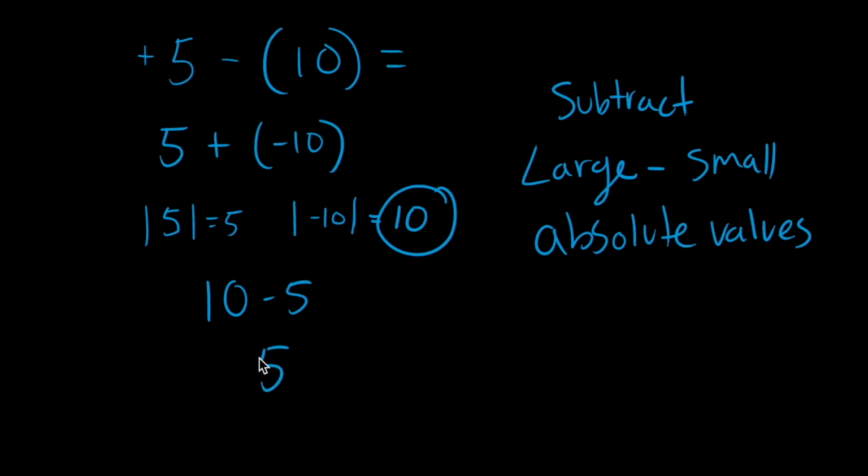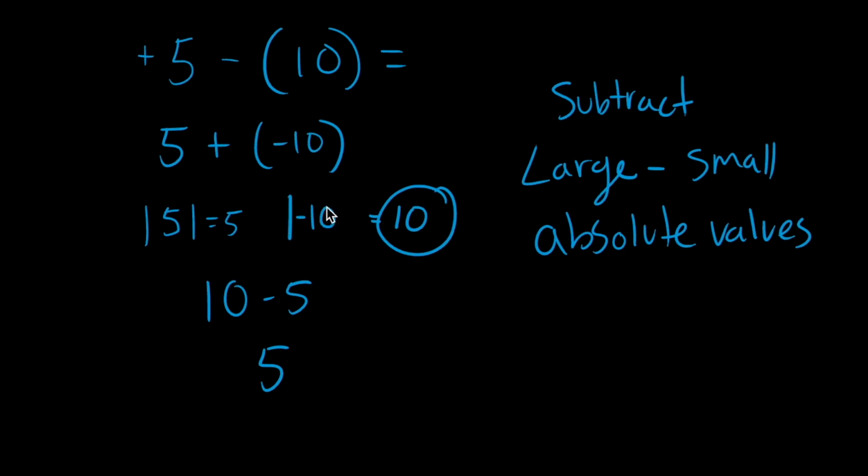And then you take the sign of the original number that gave you the larger absolute value, which is negative 10. So this negative sign, let me write this a little bit bigger.